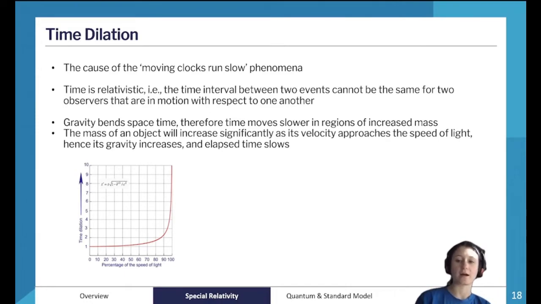things that are traveling at or close to the speed of light need to travel a greater distance in a shorter amount of time to kind of compensate for Einstein's second postulate, all right?